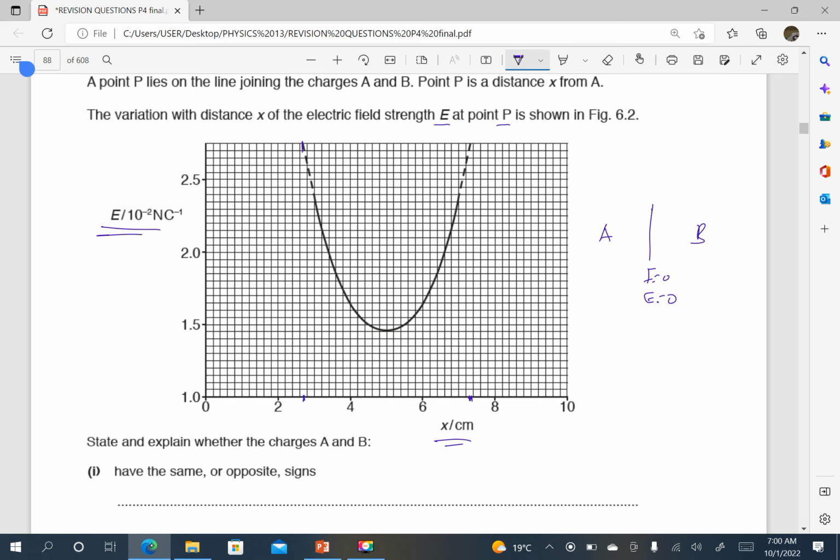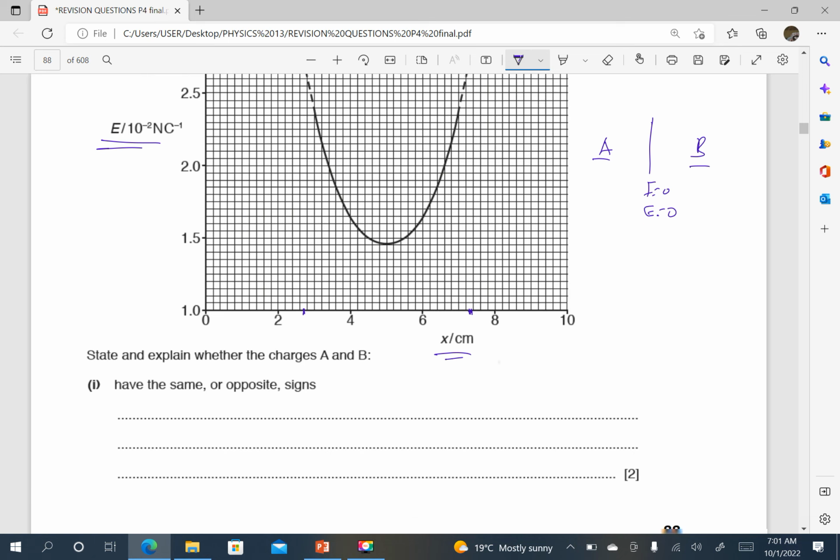What does that mean? It means A and B cannot be like charges. If they were like charges, there would be a neutral point between them, where the force is 0 and the electric field strength is 0. Therefore, these are not like charges because there is no point where E becomes 0.